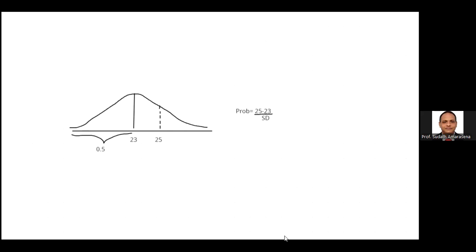The probability we are going to calculate: 25 minus 23, divided by the standard deviation value, 3.33 square root. Yeah, I got the answer: 1.82.